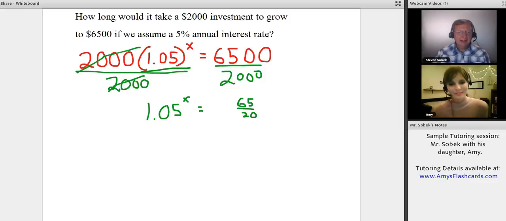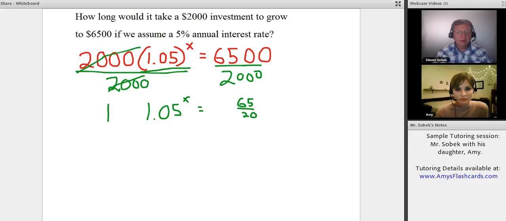All right, now here's where we get something new. We want to be able to isolate this x, and adding and subtracting and multiplying and dividing both sides of the equation by the same thing doesn't cut it. Here's what does cut it. I am going to take the log of both sides.